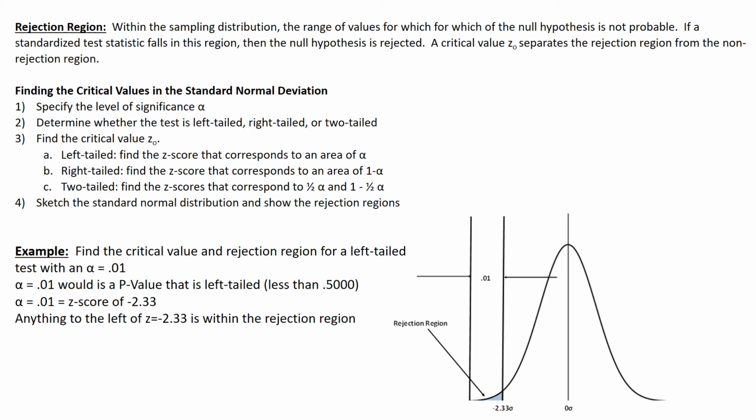This is 0.01, which is 2.33 Z's. 0.01, that's 1%, which means the remaining space under this curve, all the way to the very end, is 0.99 or 99%. Anything outside of this, that's left-tailed, we'd reject. Anything greater than this, we'd fail to reject, or we'd accept.